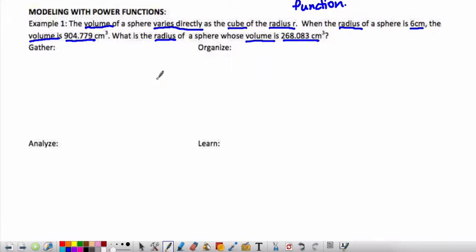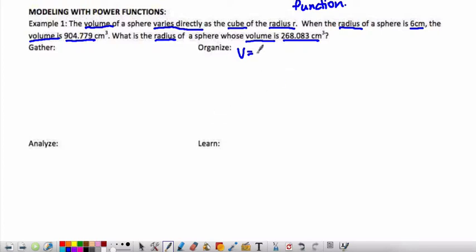There's a few different ways you can gather. One is to make a list here. You can annotate your paragraph, but you're just trying to pull out of here what's the important information. So, organize. Well, I know that this is going to be a power function because that's what we're learning here. So, it says the volume varies directly as the cube of the radius r.